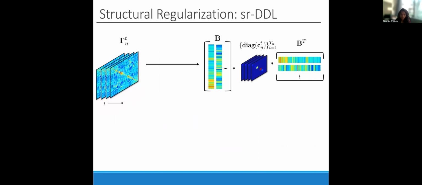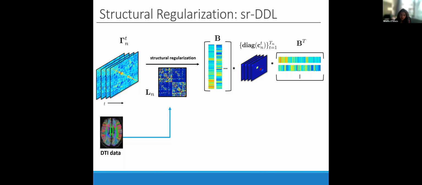Our generative model is called the SRDDL, or Structurally Regularized Dynamic Dictionary Learning. So it builds onto this base framework. The DTI tractography matrices describe graphs that are given by anatomical connectivity between regions of the brain. In fact, it's believed that the functional relationships are mediated by either direct or indirect pathways.